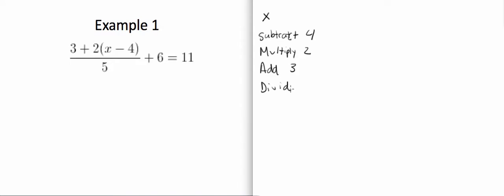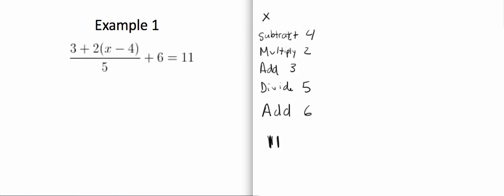Divide by 5. And then add 6. Because they started with x, subtracted 4, multiplied by 2, added 3, and all of this was divided by 5, and then they added 6, and they ended up with 11.